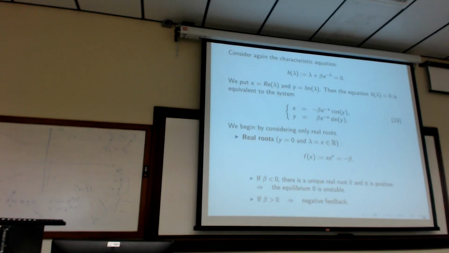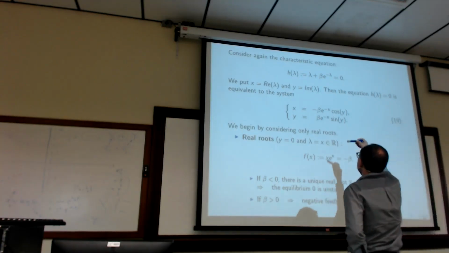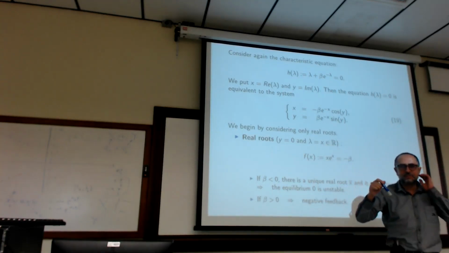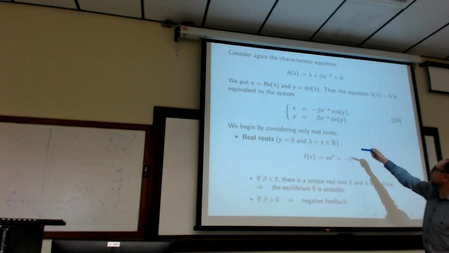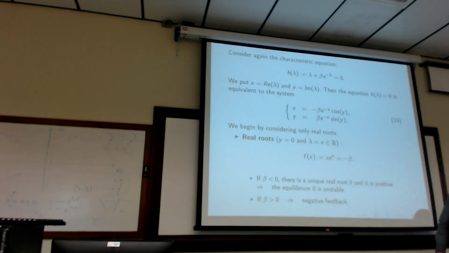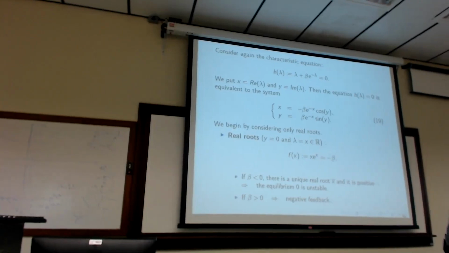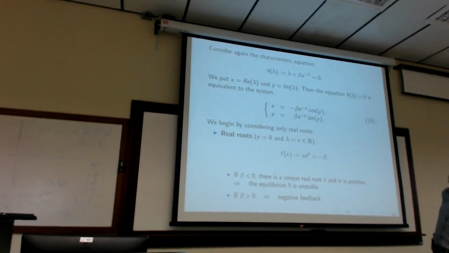We know that we have an infinite number of roots, but we want to look for them more by hand. If we put x, the real part, and y, the imaginary part, then we can write the system like this: x equals minus beta exponential of x, etc., and y like this.